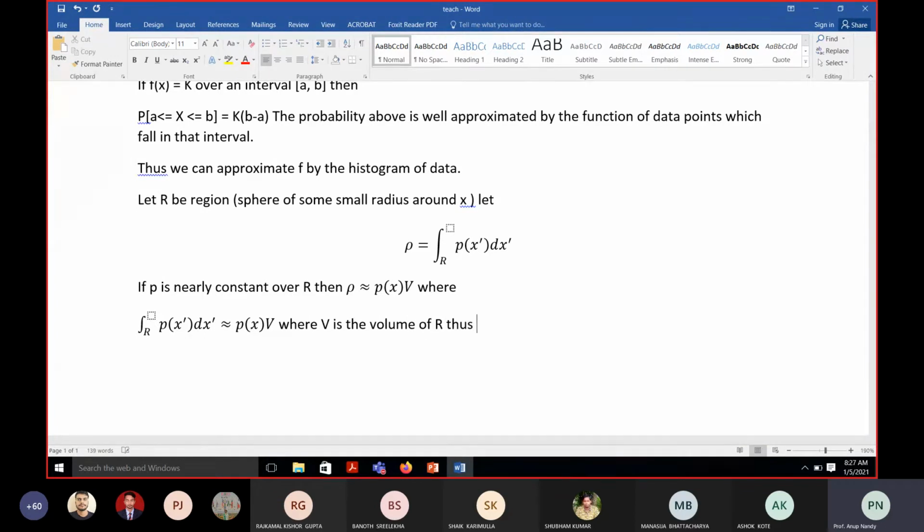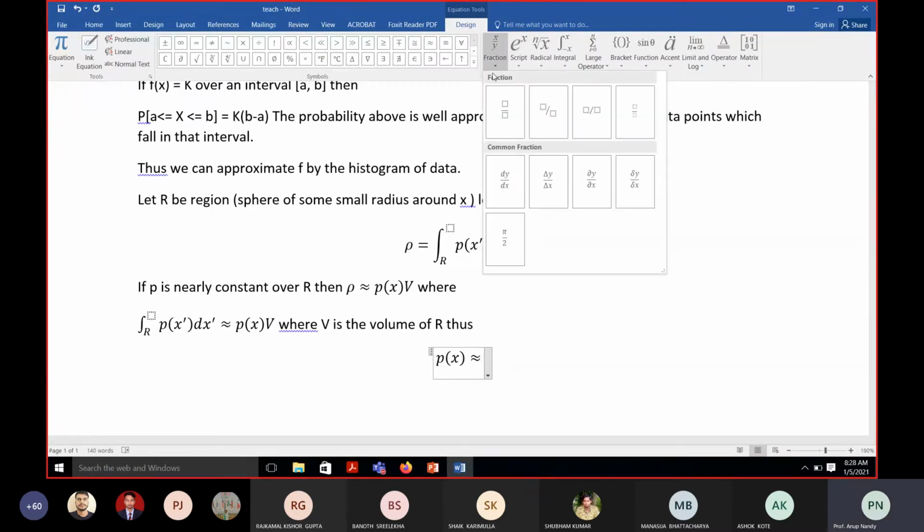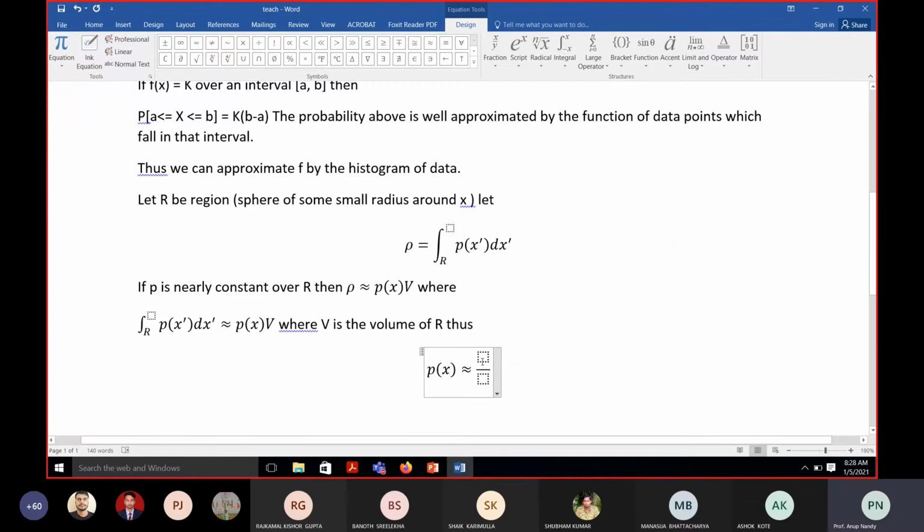Thus p(x) is approximated as mass by volume.